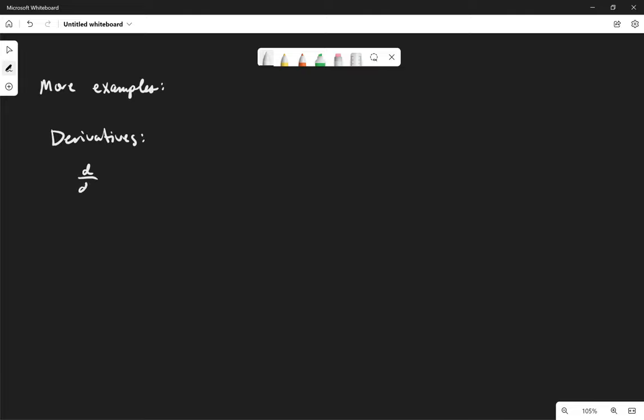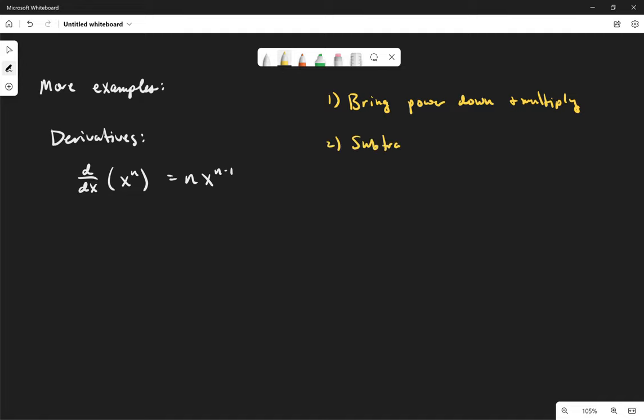The derivative, when you give me x to the n, is nx to the n minus 1. There were two steps to this. First, I had to bring the power down and multiply by that power. And then second, I had to subtract 1.